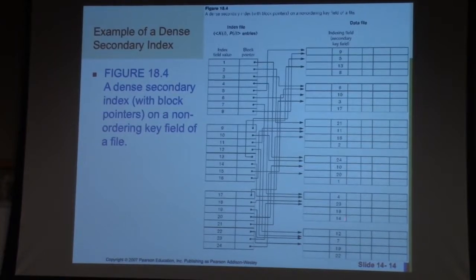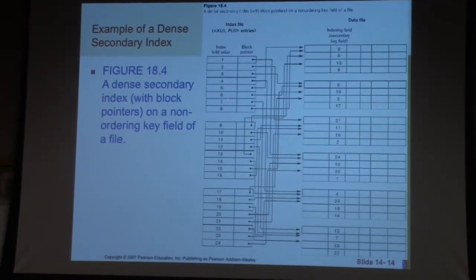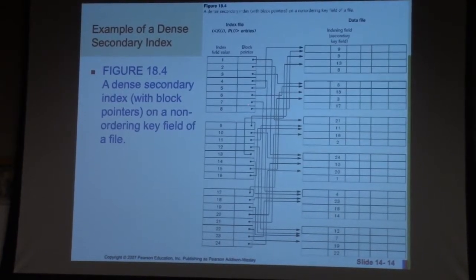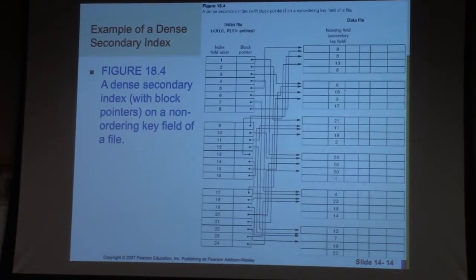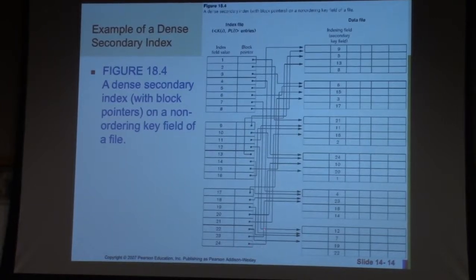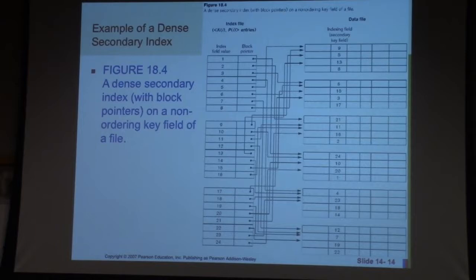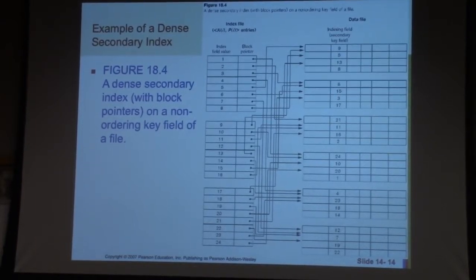Can I use this for an index? Yes, we can create an ordered index with pointers to the data block address. 17 goes to here, 24 goes to here, 1 goes to here, like that. This is called the secondary index.